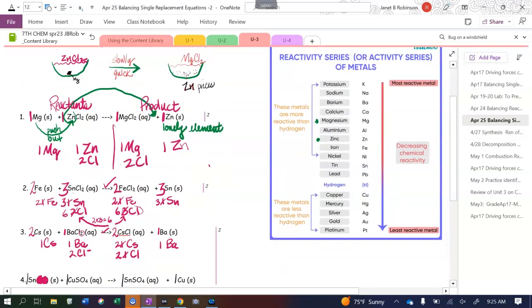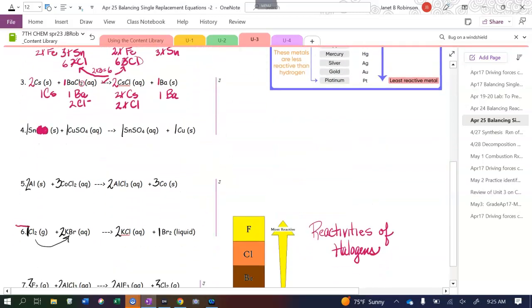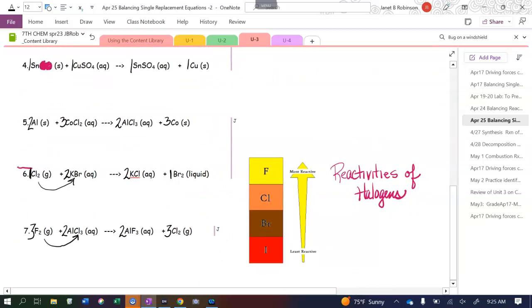So we practiced balancing those, and then I left 4 to 7 for you to balance. So in number 4, copper and tin have the same charge of +2. So when I look through and count 1, 1, 1, 1, there's already the right number of atoms.